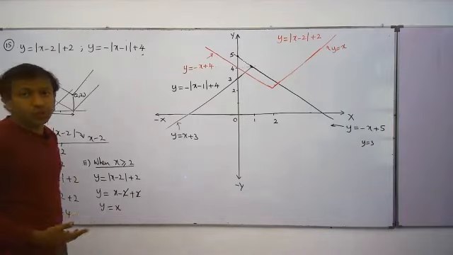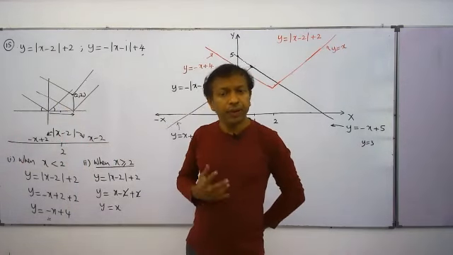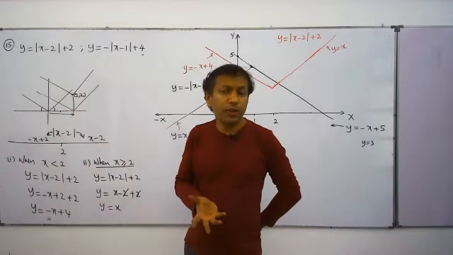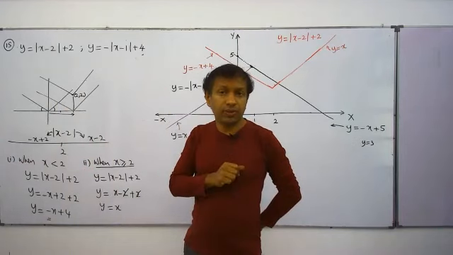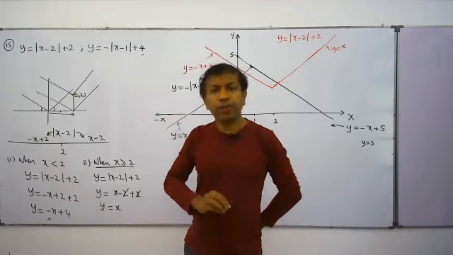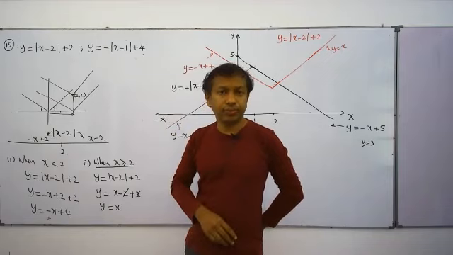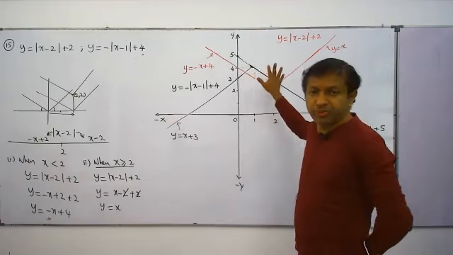People, hence means what? Usually in a question, if you find the word hence, then to answer the next part, you have to use the previous part of the question. In the previous part, do you have something in the question? Definitely, that part you should use to get the next answer. In this case, the previous part means these two graphs.